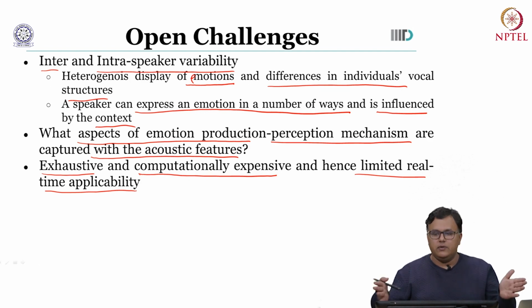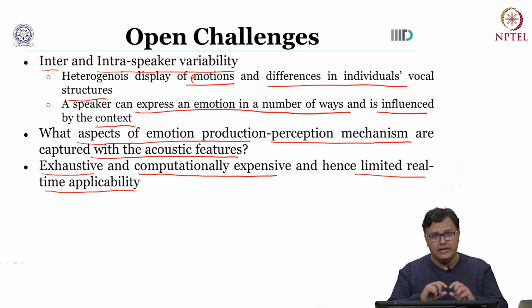So if you have a longer duration sample, it can be more computational, but that may have far more detailed information which could be required for an accurate prediction. However, if you have a smaller duration sample, that could have lesser information but could be computed closer to real time, right? So this is an open challenge, that if you want rich information, how can we do that in closer to real time?